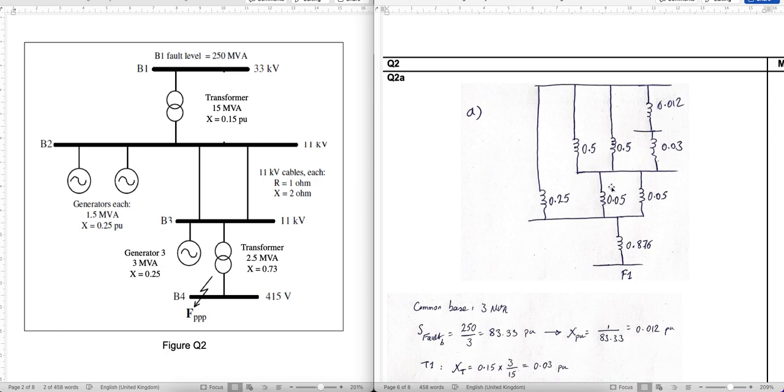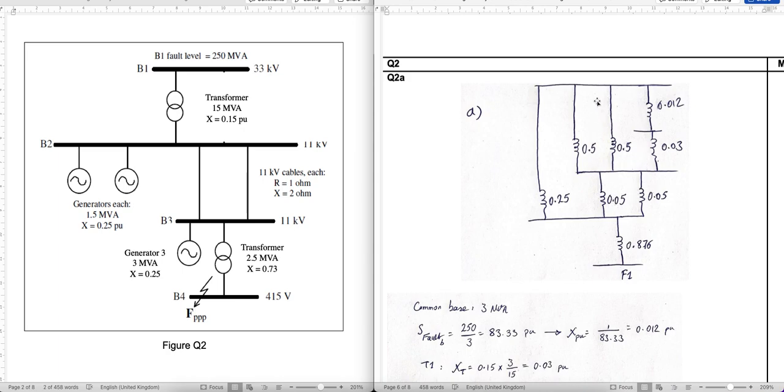This part, again, these two are equal. You can replace them with a single impedance, and that is half of them. That is 0.025. When you worked out this part, you need to add to this because they are connected in series.